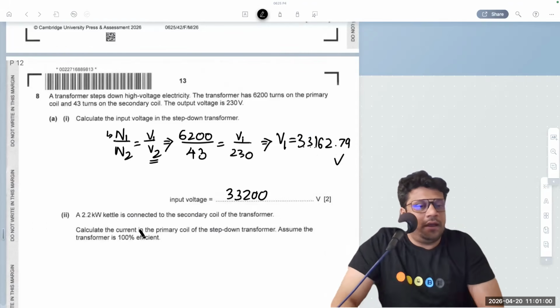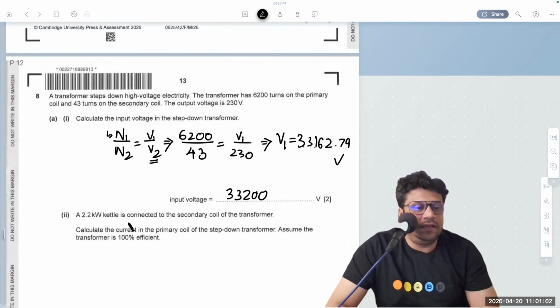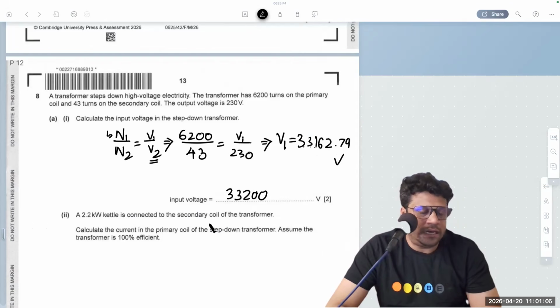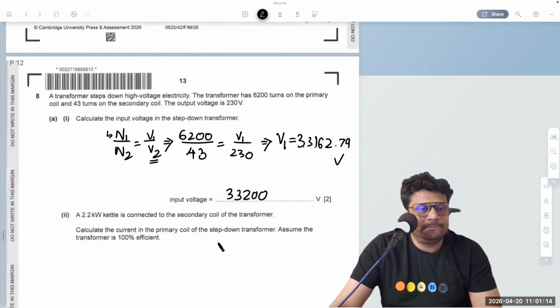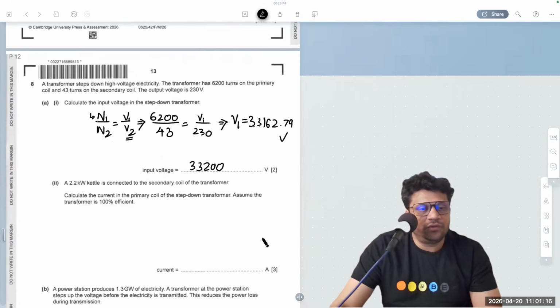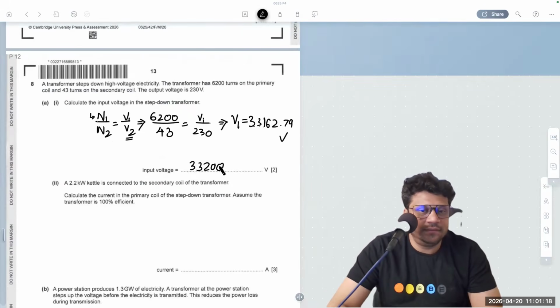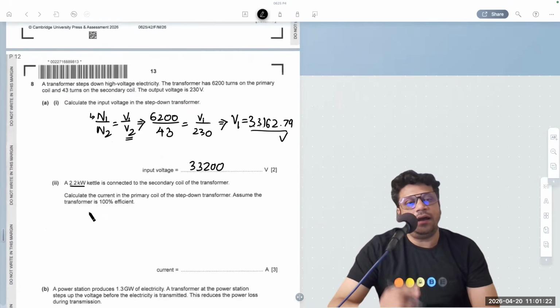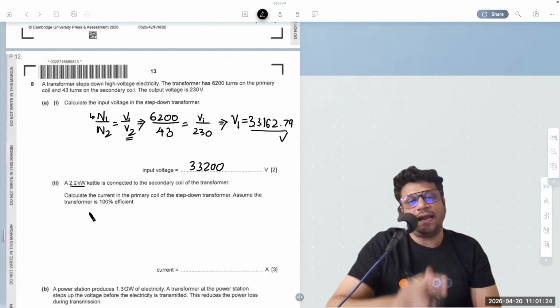Okay. A 2.2 kilowatt kettle is connected to the secondary coil of the transformer. Calculate the current in the primary coil of the step down transformer. Assume the okay. So from this and that, I will calculate the current in the secondary coil.